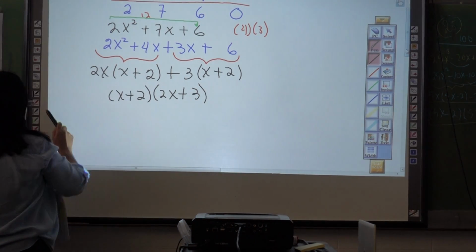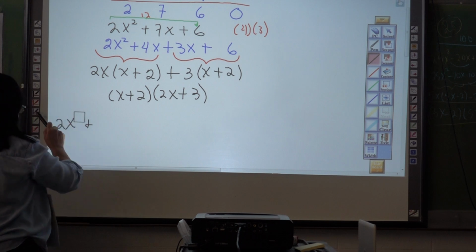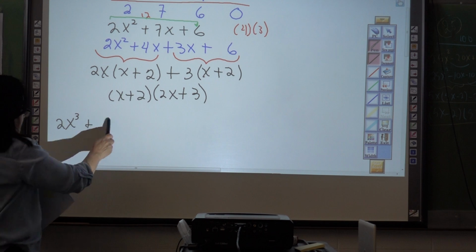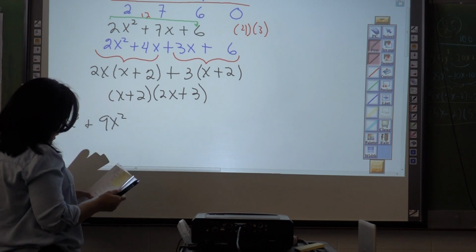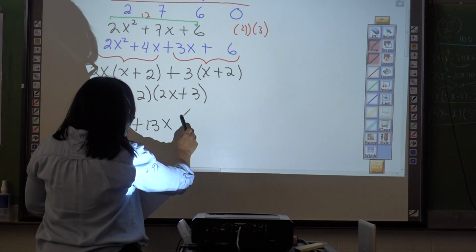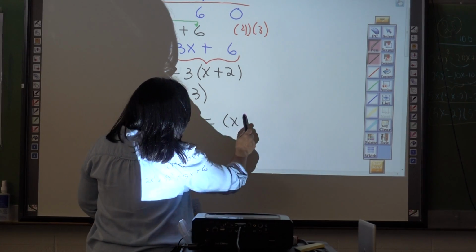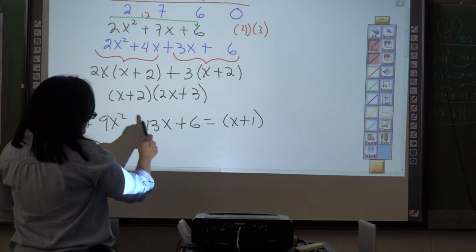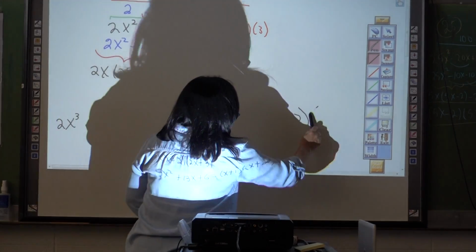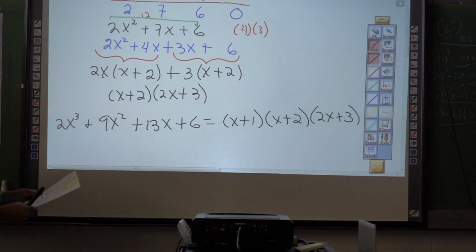So far we have 2x cubed plus 9x squared plus 13x plus 6 equals x plus 1 times x plus 2 times 2x plus 3. If they're asking you only to find the factors, we're done.